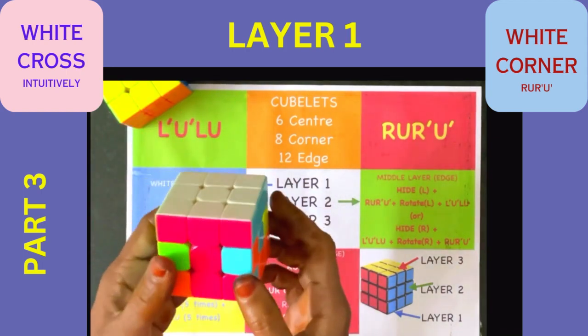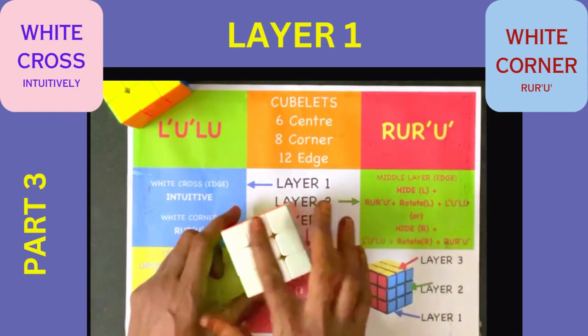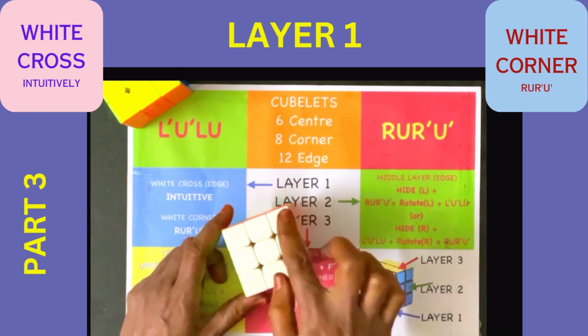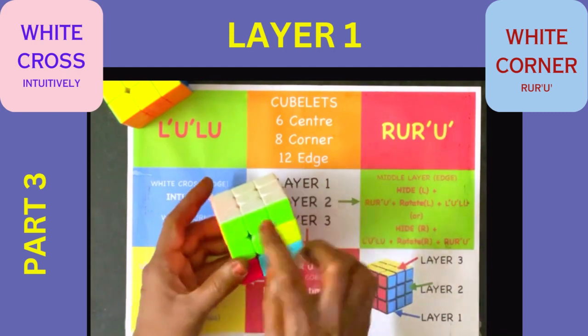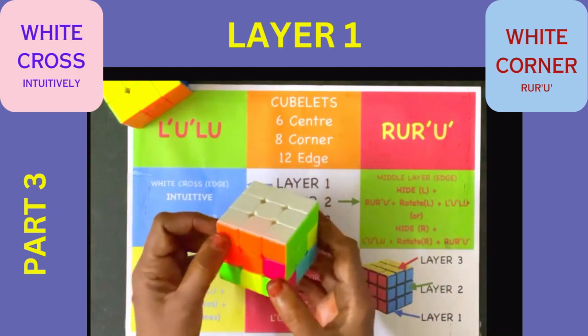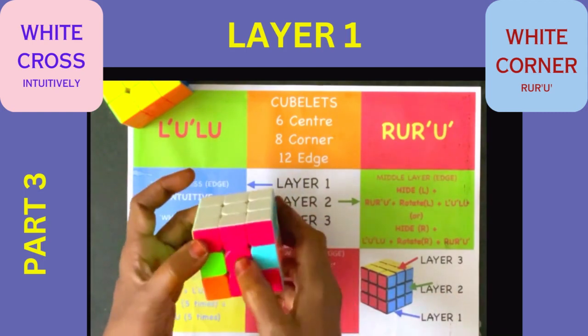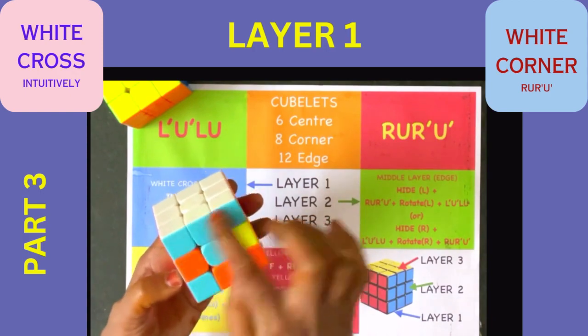So now this is the aha moment where we have got layer 1 done, where we have all the 9 cubelets with a white face at the top, and all the colors on layer 1 are aligned appropriately with the center cubelets. That way we are getting a T shape.